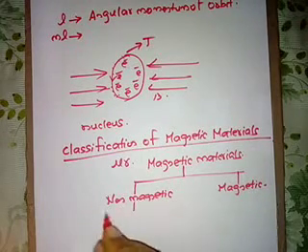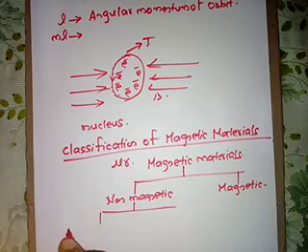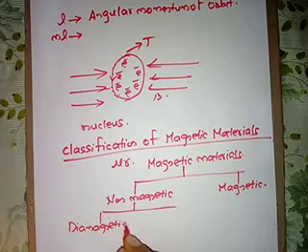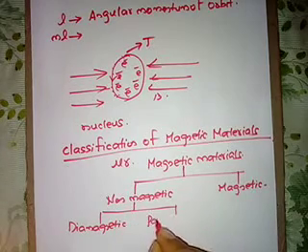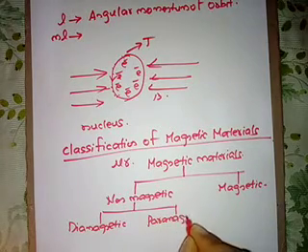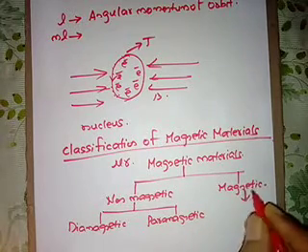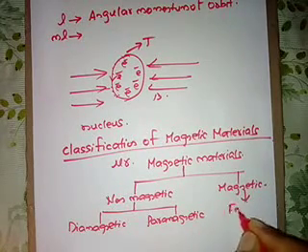Under non-magnetic materials, they are again classified as diamagnetic and paramagnetic. And under magnetic type of material, they are classified as ferromagnetic.